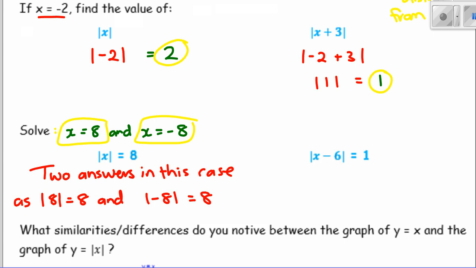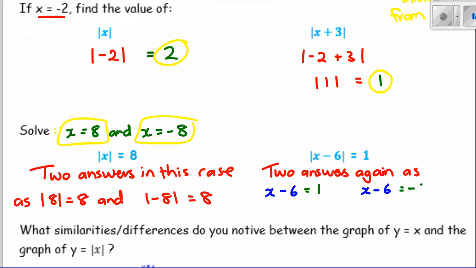Same thing, the absolute value of x minus 6 equals 1. You can possibly get two answers. So we can say x minus 6 equals positive 1, but it's also possible that x minus 6 could have been negative 1, because whatever the absolute value was, the answer was made into a positive.